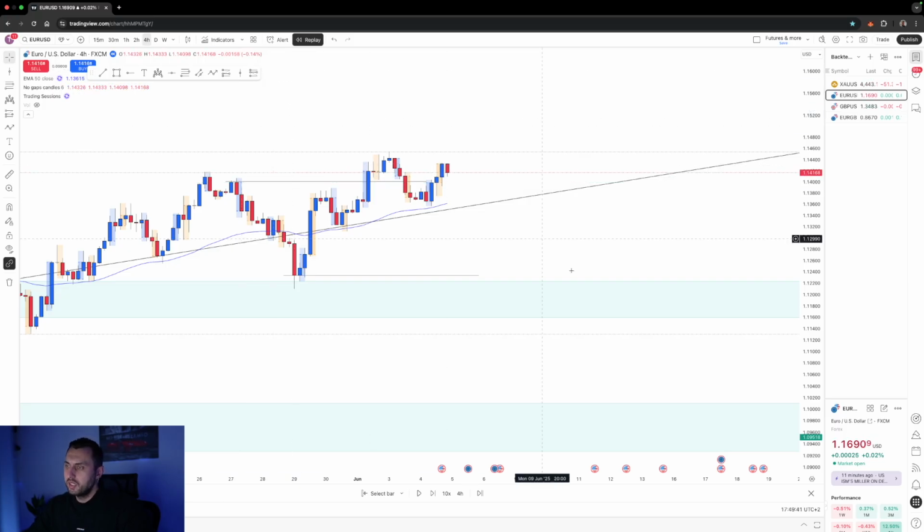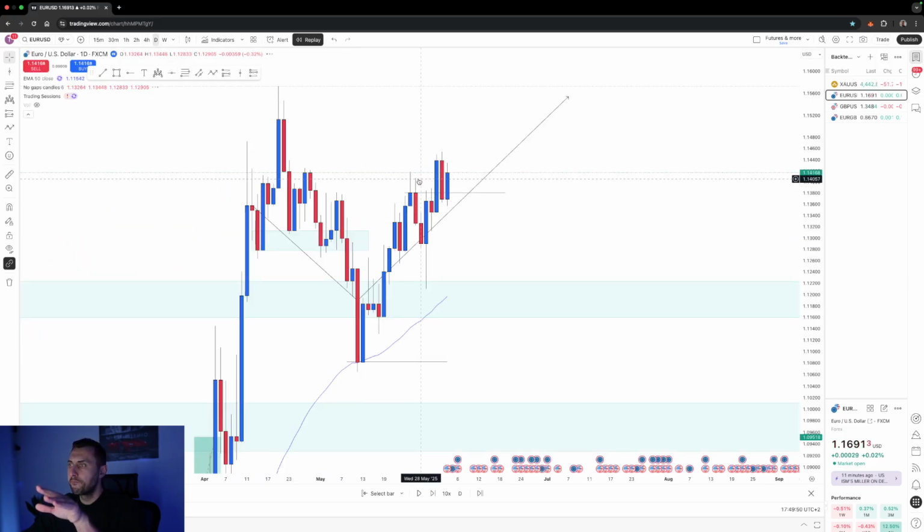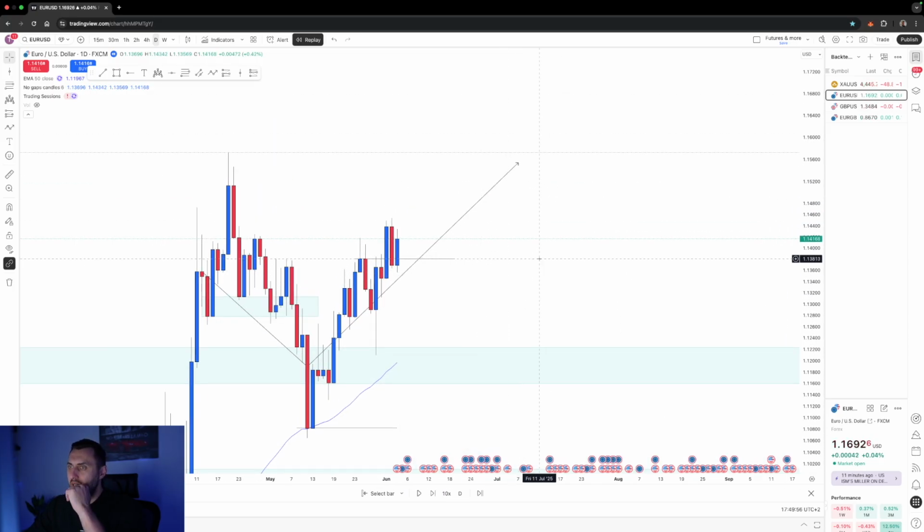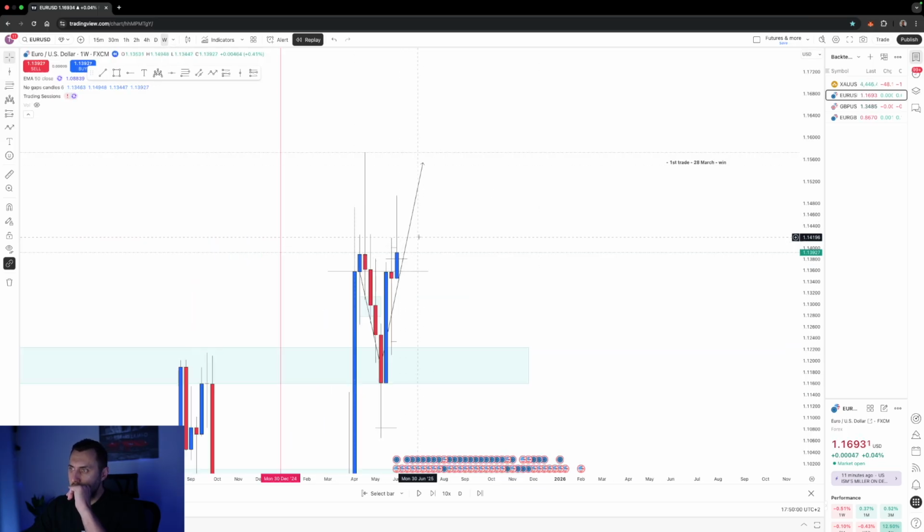As you guys can see, I'm not doing anything until it gets to my area of interest and it's clear exactly where the price is going. Right now we can see that it's bullish, and on weekly we can see that it's pushing up.